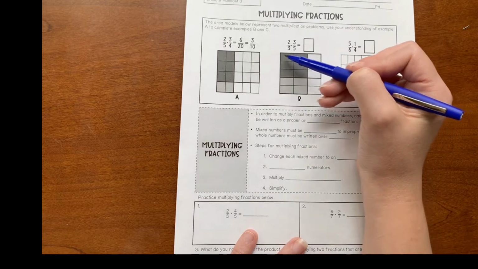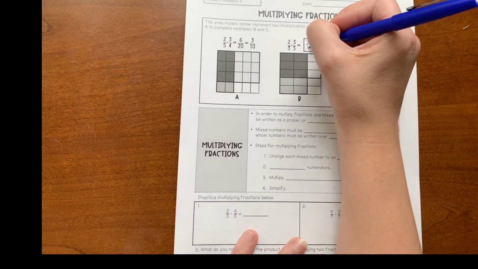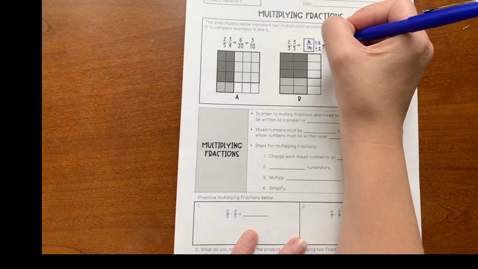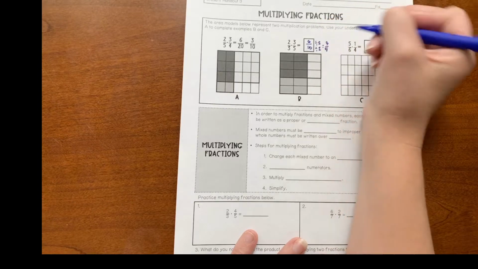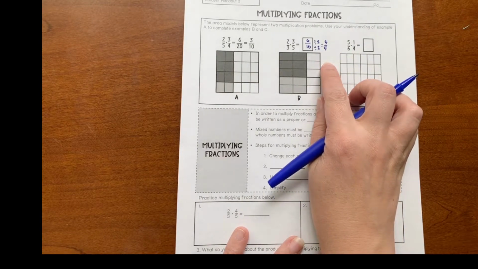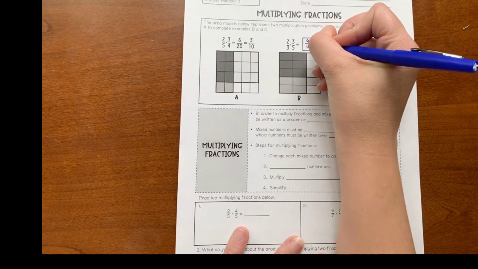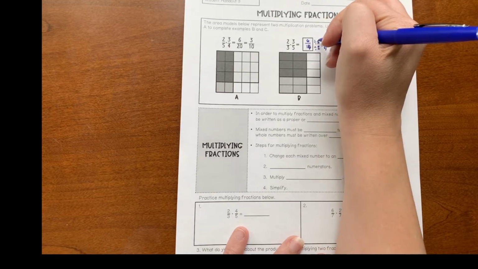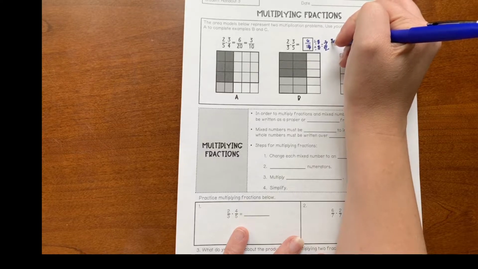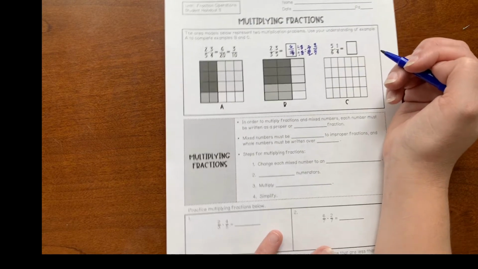And what we notice is that there's 6 total pieces out of 15, and we'll divide them both by 3, and that will equal 2/5. Sorry, I misspoke earlier; the total is 15, not 10.